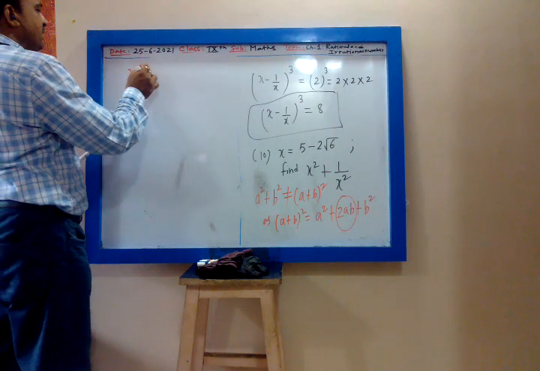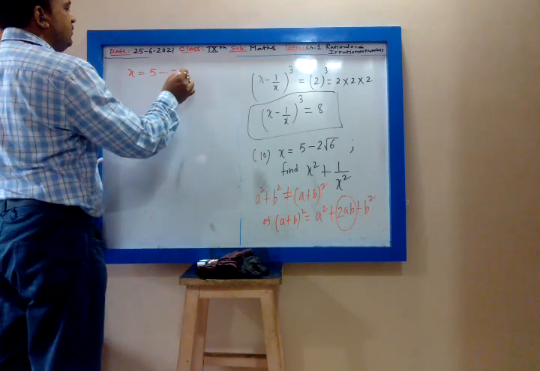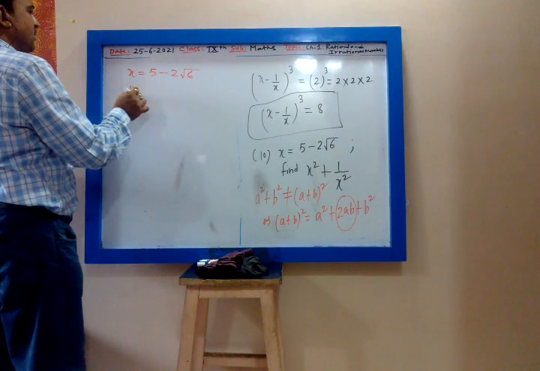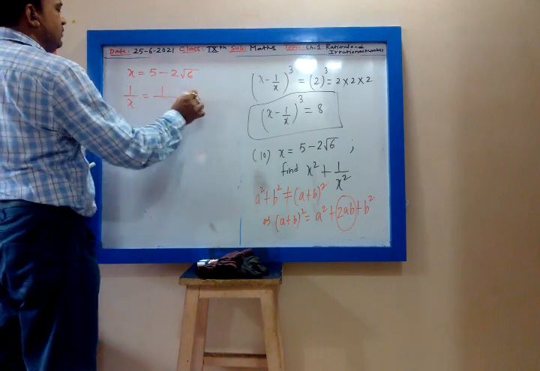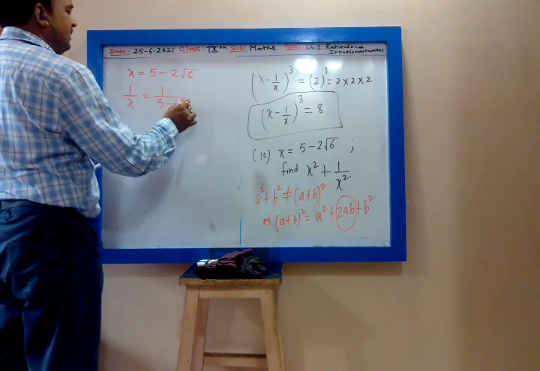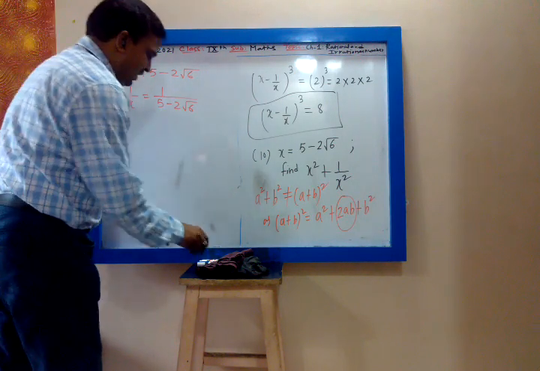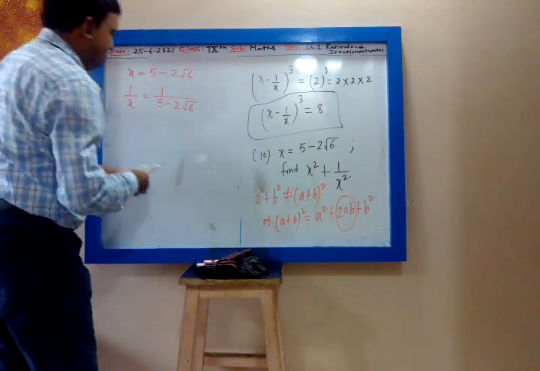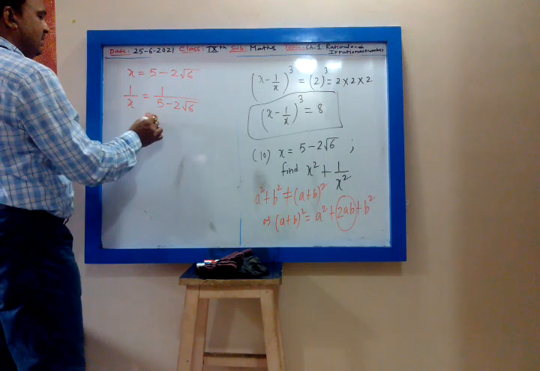X is 5 minus 2 root 6. So 1 upon x will be 1 upon 5 minus 2 root 6. Now rationalize the denominator.